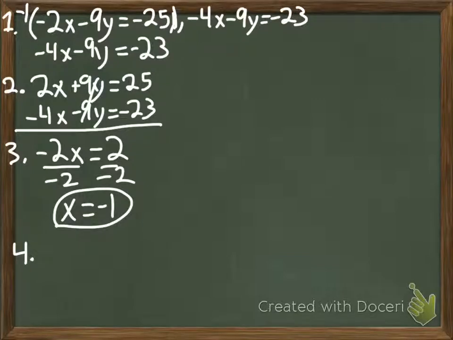Do not try plugging in to one of your new equations. It will work, yes. You can plug into one of the new ones from step 2, but sometimes the numbers can be a little bit bigger and a little bit more complicated. So just pick one of your originals. I'm just going to pick this, negative 4x minus 9y equals negative 23.